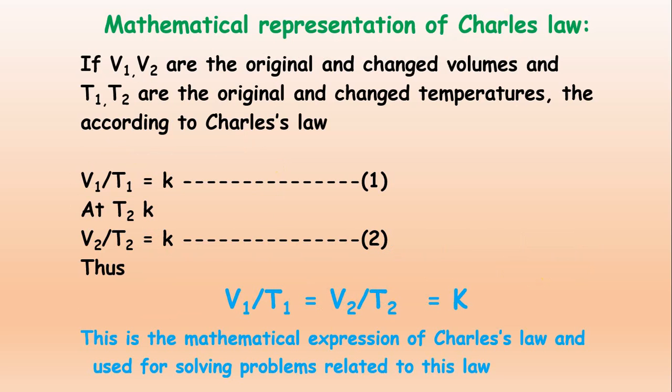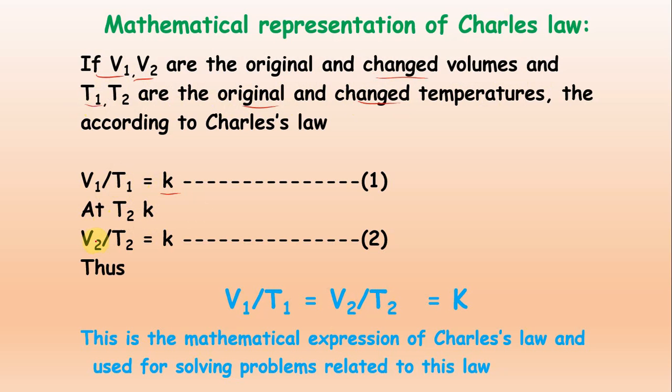Now we can change this equation into another form. If V1 and V2 are the original and changed volumes, and T1 and T2 are the original and changed temperatures, then according to Charles' law we can write it in this way: V1 divided by T1 is equal to K, constant.